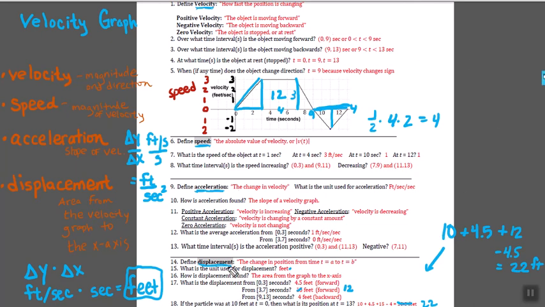So at the very beginning of the problem, the object started at 10 feet. That was just made up. In the first 3 seconds, it moved 4.5 feet. That's the area for this part right here. It then moved another 12 feet forward, from 3 to 7.